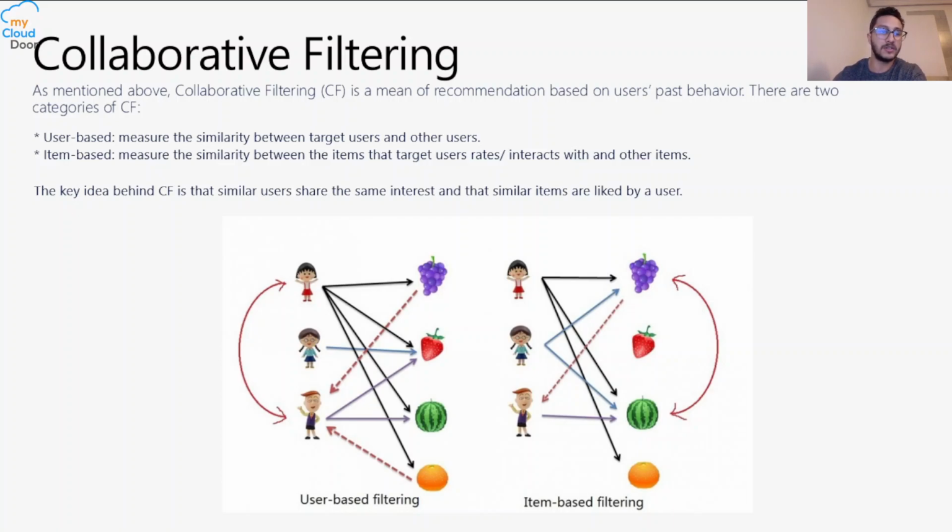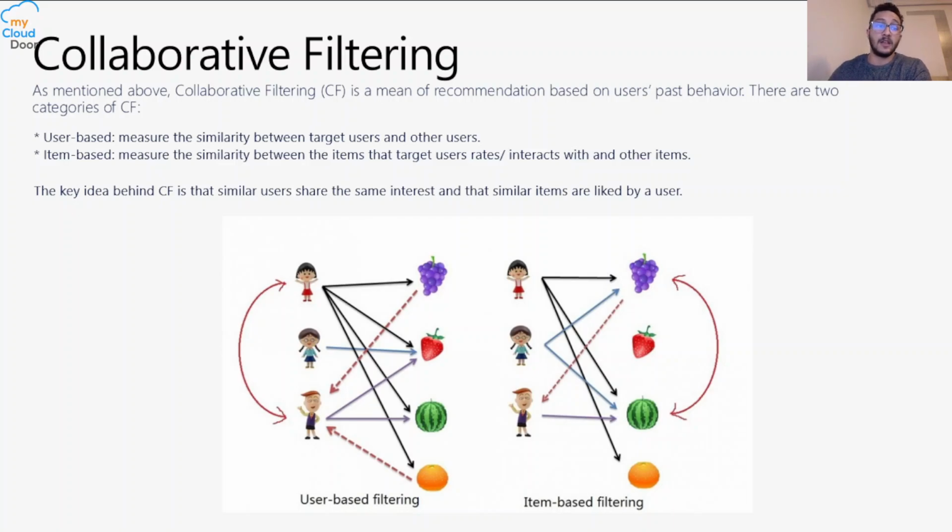So measure the similarity between the items that the target user interacts with and another item. So we will take the items that the user liked, and we will do a similarity analysis of the items to find items more similar to the items that the user liked, and we recommend those items at the end. I hope that makes sense.